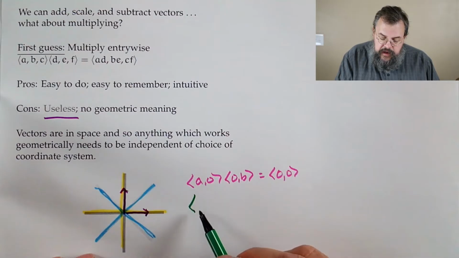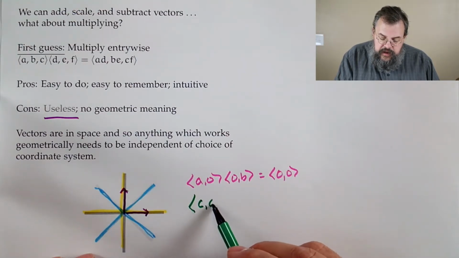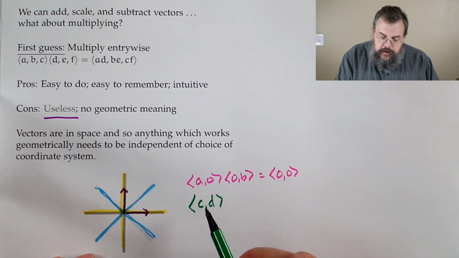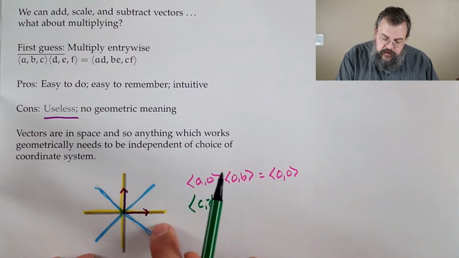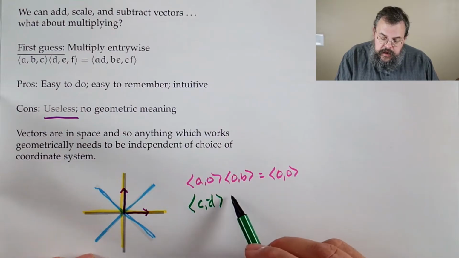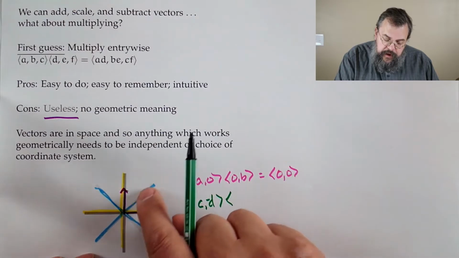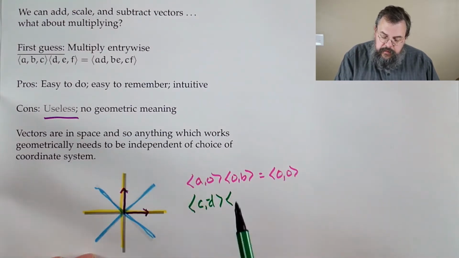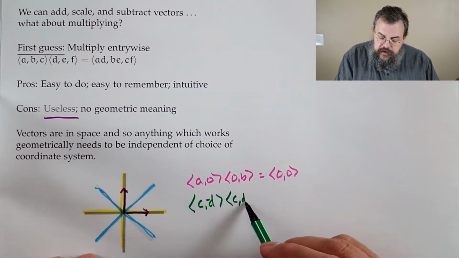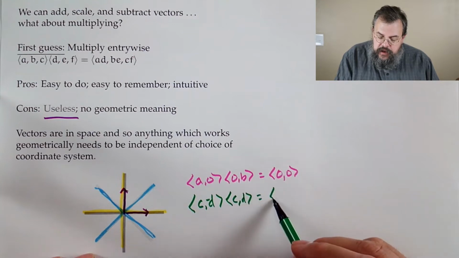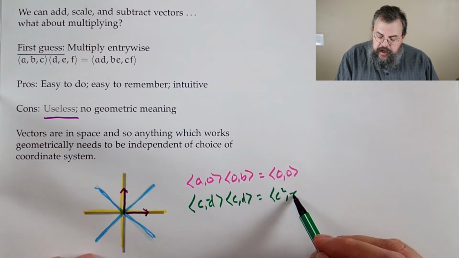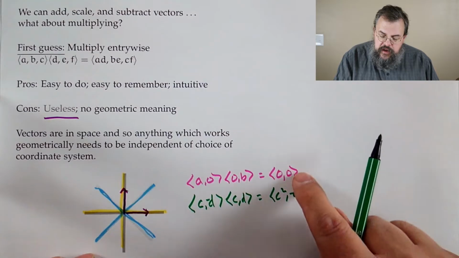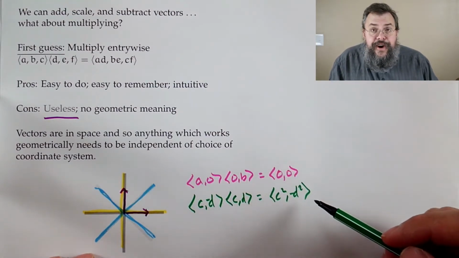So it looks like something like c comma d, and I'll put minus d just to emphasize a negative y. And the other one is also moving a positive amount in the x direction, positive amount in the y direction: c comma positive d. So we end up with c squared and a minus d squared. And what you notice here is that that's not 0.